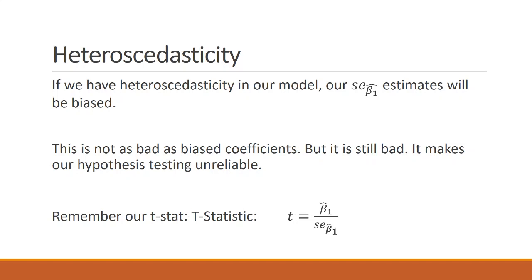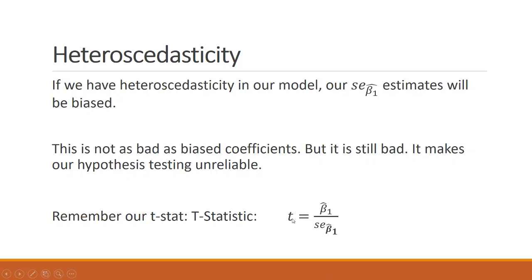We run a t-test using a t-statistic, and our t-statistic is equal to our coefficient estimate, our beta 1 hat, divided by the standard error of that coefficient estimate. But now, if the standard error is biased, then our t-statistic will be biased. Our t-statistic could be too big or too small.